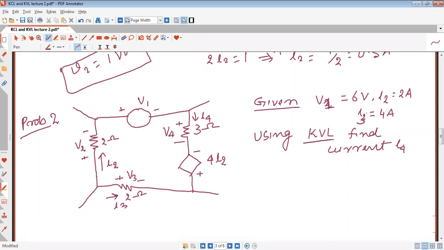So if we apply Kirchhoff voltage law, we find the value of current. If we use the Kirchhoff current law, we find the voltage. So starting from any place here, we have to make a closed path.